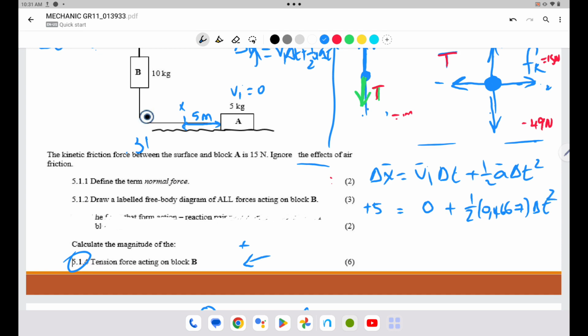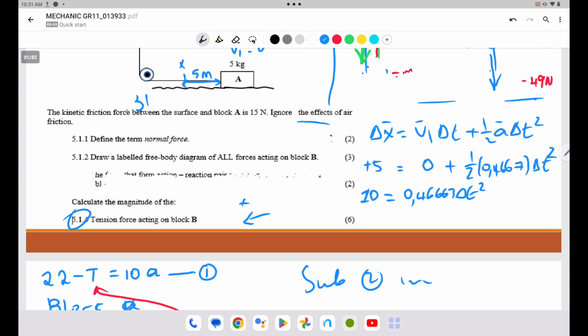So what we can do is multiply both sides by 2. You're going to have 10 equals to, remember when you do this calculation that time can never be negative, delta T squared. So for this part, we're going to take the positive solution. I'm going to divide both sides by 0.46667, and then take a square root on both sides.